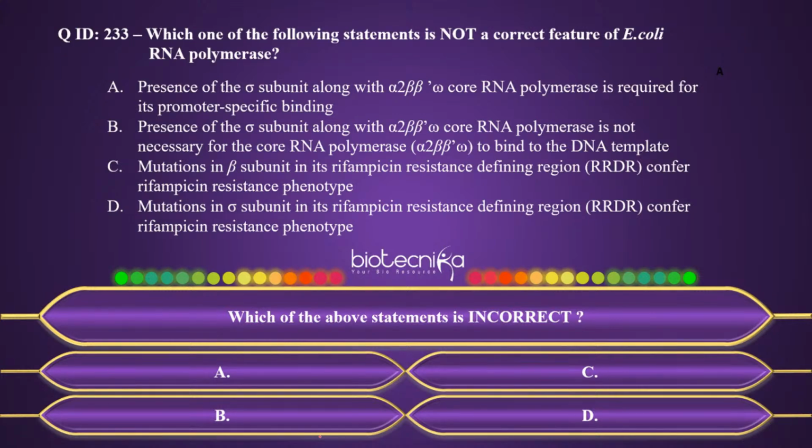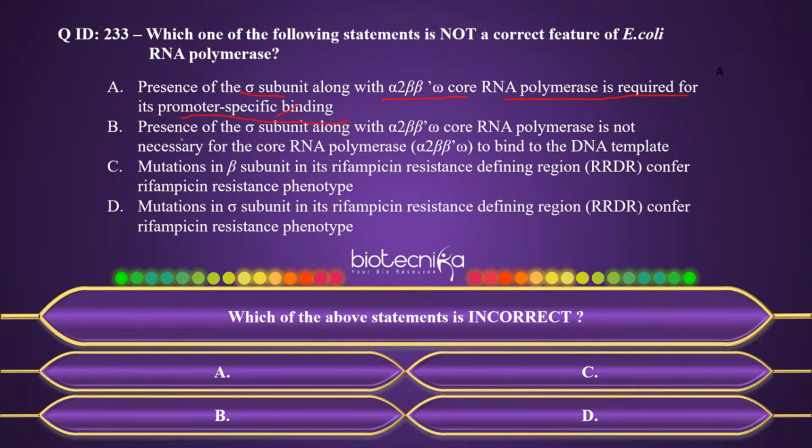The first statement says that the presence of the sigma subunit along with the alpha 2, beta, beta dash, and omega core RNA polymerase is required for its promoter specific binding. So the sigma subunit is involved and this core protein is involved. All of these proteins together make the holoenzyme, and it is required in promoter specific binding.